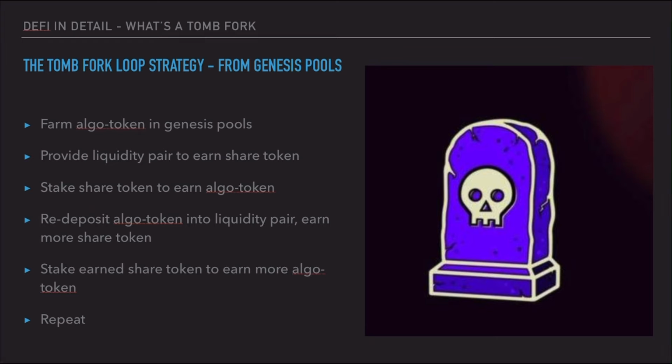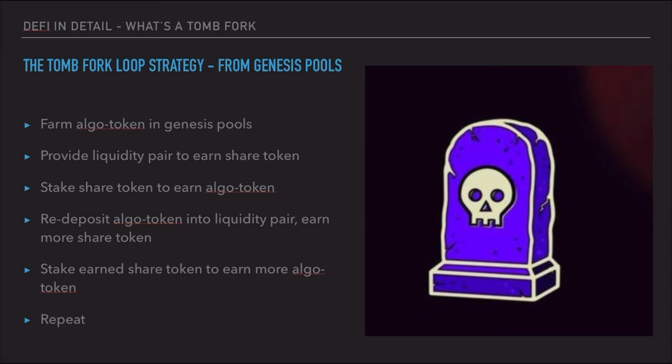So here we go, the tomb fork loop strategy, and this is from the Genesis pools. So from the very beginning, the launch of a protocol, this is a strategy that one might use when participating in a tomb fork. First off, like we've mentioned at the top, you would stake an asset into the Genesis pool in order to farm or earn the algo token. You would then take that algo token and provide a liquidity pair in order to earn share token.